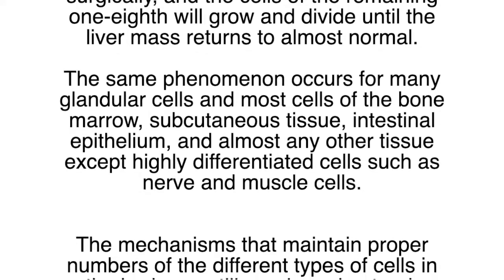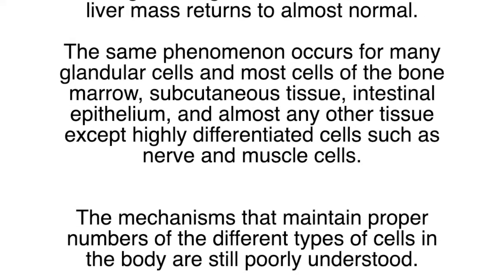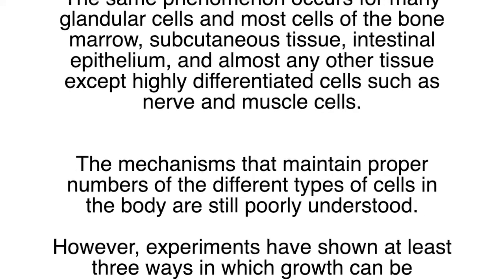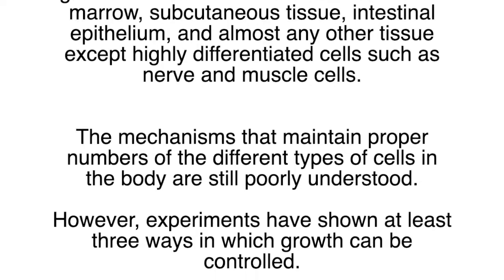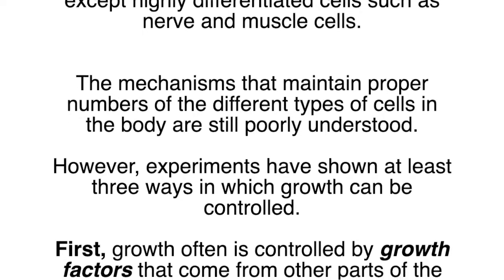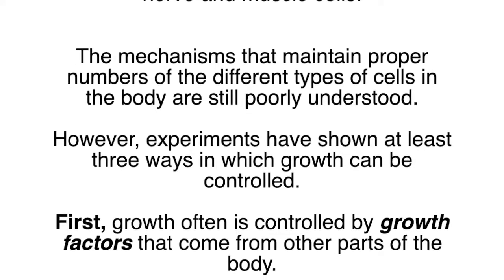The same phenomenon occurs for many glandular cells and most cells of the bone marrow, subcutaneous tissue, intestinal epithelium, and almost any other tissue except highly differentiated cells such as nerve and muscle cells.